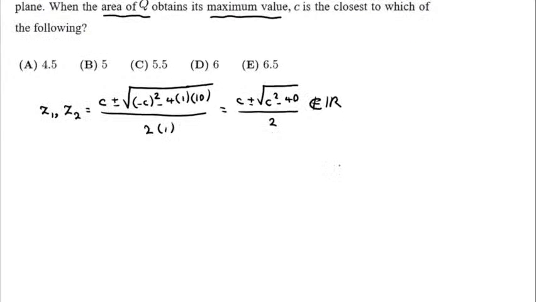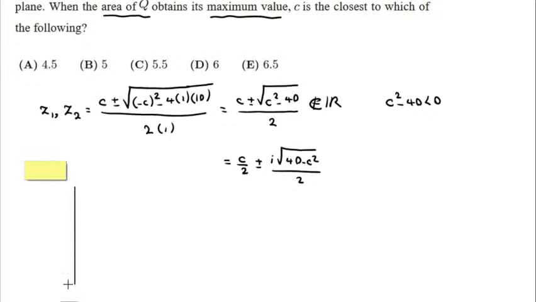If it is not a real number, it means what? Inside the square root, we should have a negative number. So, c squared minus 40 should be less than 0. And we can say it is c over 2 plus or minus i times the square root of 40 minus c squared, all over 2. Okay, so let's draw them.